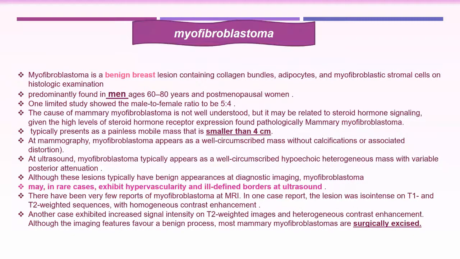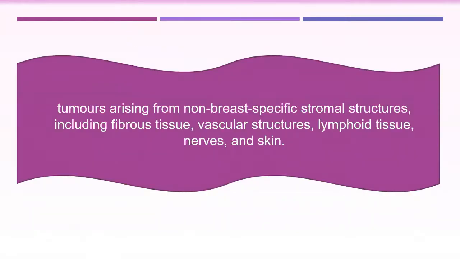It's a benign process, usually presenting as a circumscribed small lesion less than 4 centimeters, but can present as a non-circumscribed irregular lesion simulating cancer. So these are tumors arising from non-breast specific stromal structures, including fibrous tissue, vascular structures, lymphoid, nerve, and skin, as we have some examples of these above.